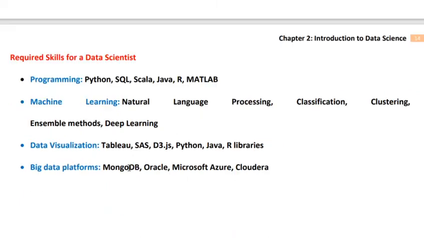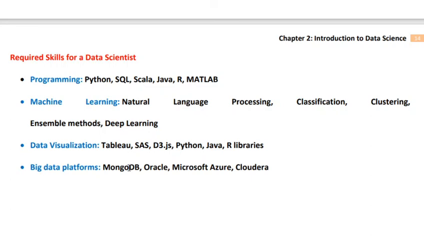Now, these are some of the technical skill sets that are required. One has to have good knowledge about programming languages like Python, C, Java, R, MATLAB, relational database management systems like SQL, Scala, machine learning techniques such as natural language processing, classification, clustering, deep learning, and data visualization kits like Python, Java.